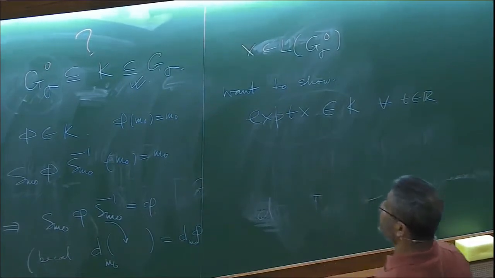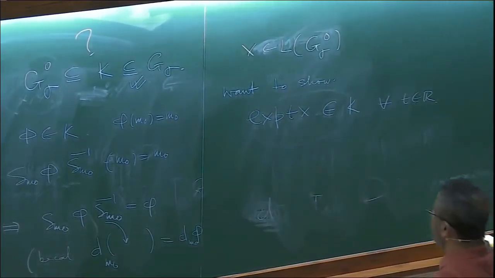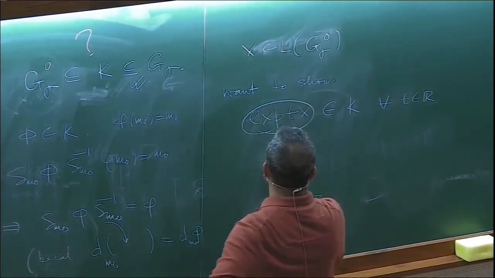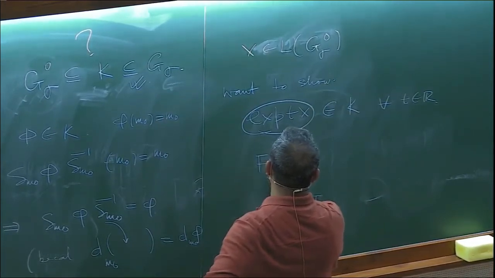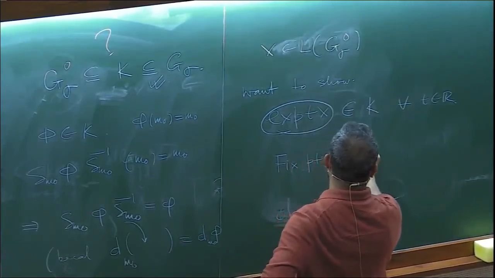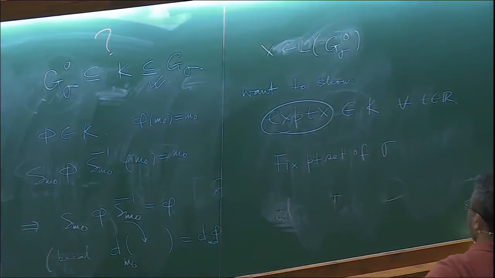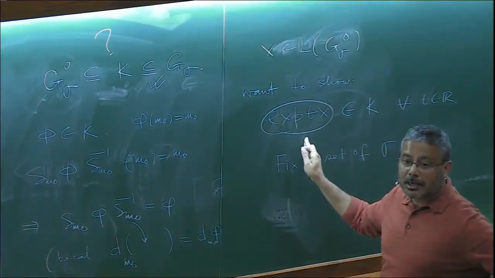So this is an isometry, and it is an isometry that is commuting with sigma, right?